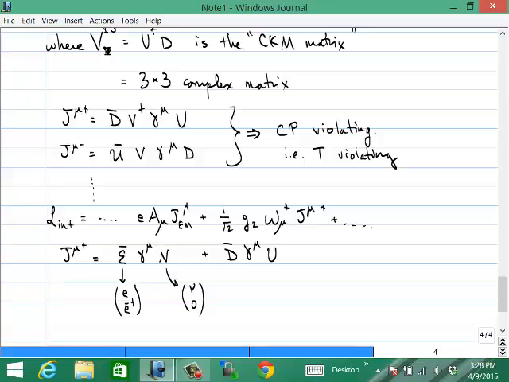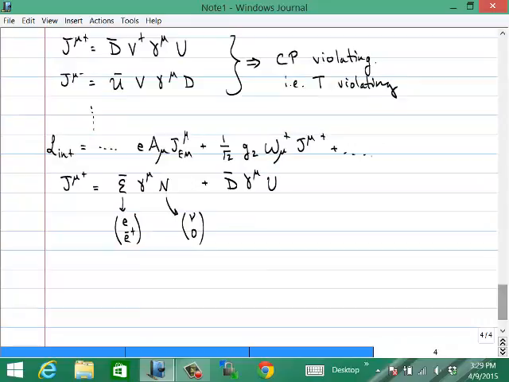And we could go ahead and compute scattering using the standard Feynman rules. But if we're interested in processes say where you have scattering of an electron off of a neutrino, where the momentum scale is much less than the mass of the W boson, so in particular, we're interested in studying a process like this.